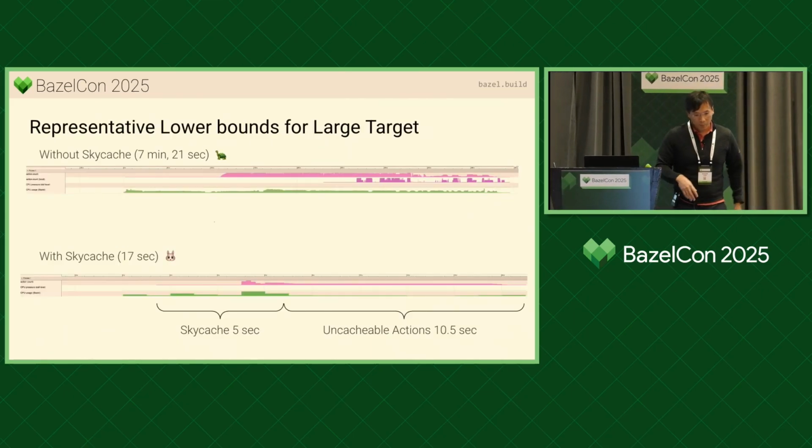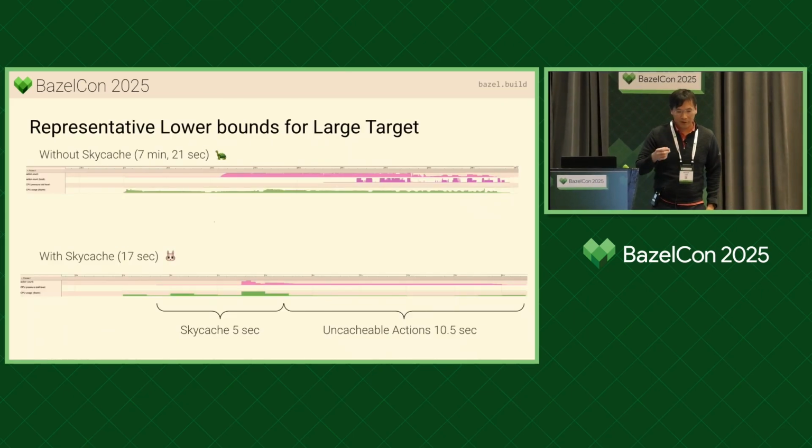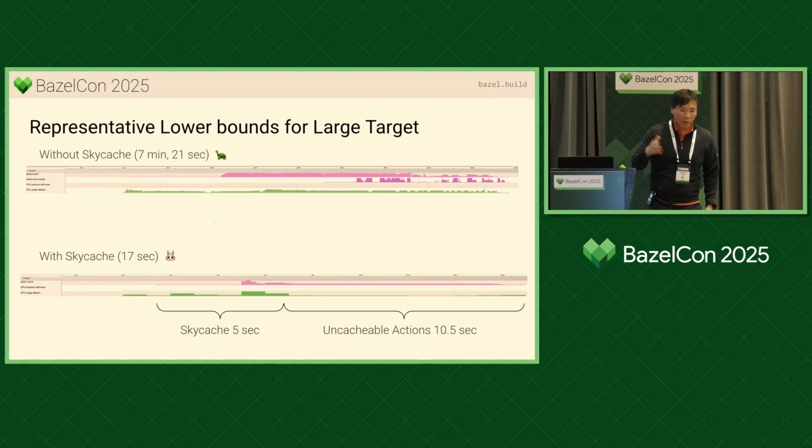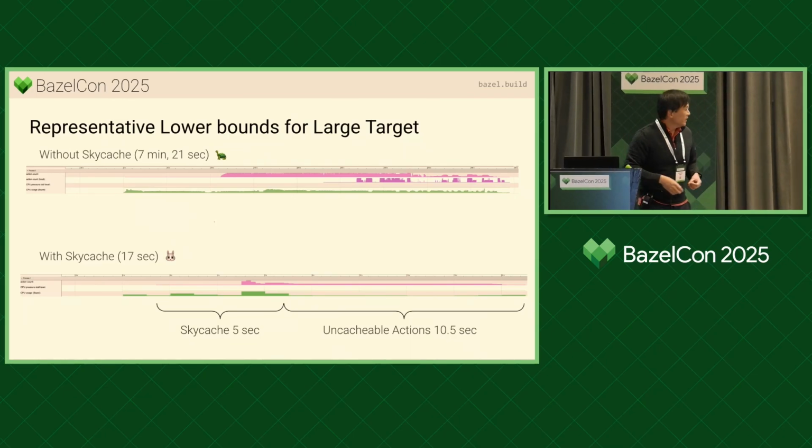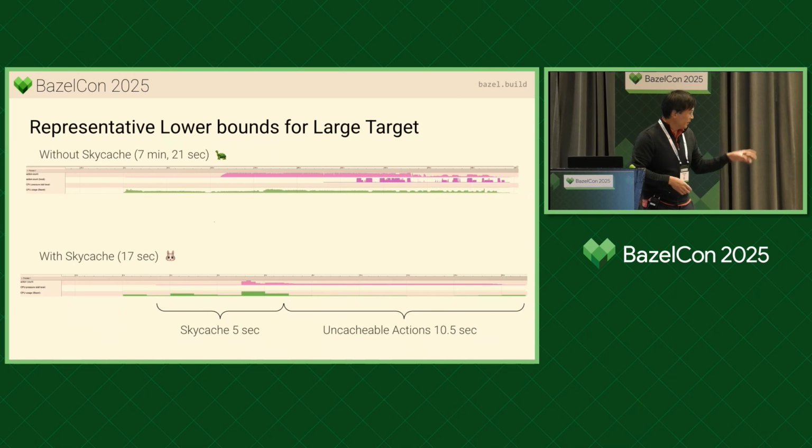This is a representative lower bound for a large target. What I mean by lower bound is that it's very optimistic. It's when all the caches are hot and everything is clean, right? There's no stale values. We see a 7-minute, 21-second target go down to 17 seconds. There's a little detail here about how much time is spent in Skycache.